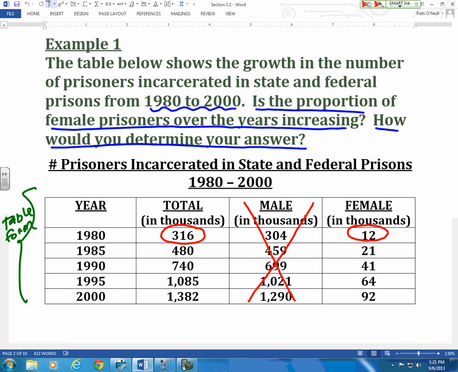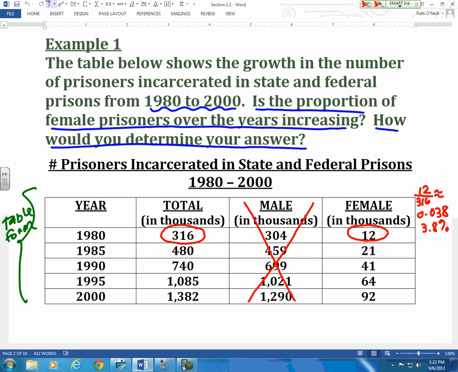So hopefully you were thinking that in order to figure out the proportion, we've got 12,000 out of 316,000 were female prisoners, which would leave us with, if you did this on your calculator, about 0.038, 38 thousandths, which is 3.8%. So 3.8% of the prisoners in 1980 were female prisoners.